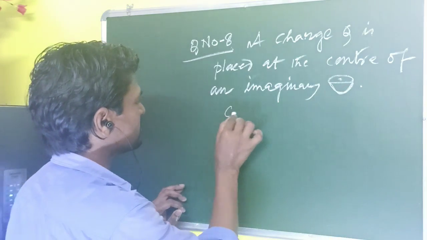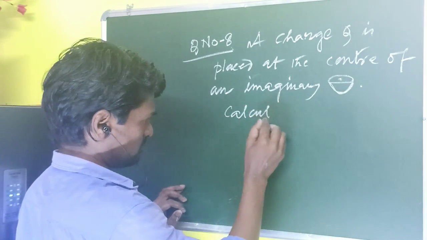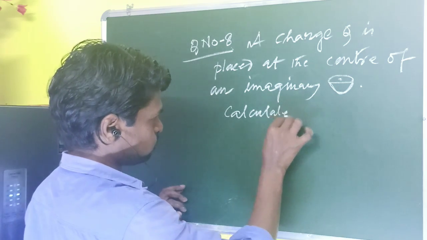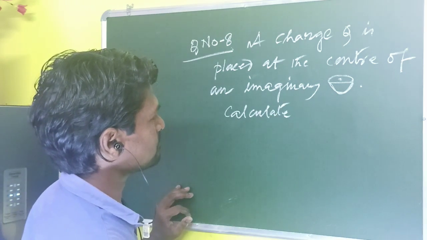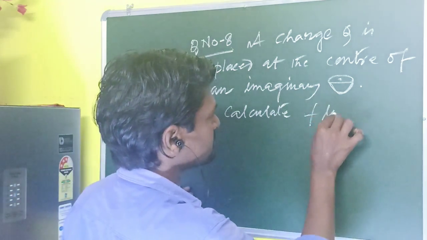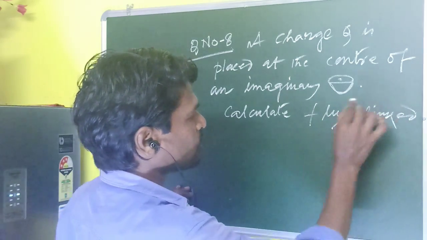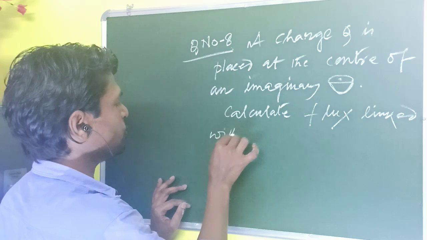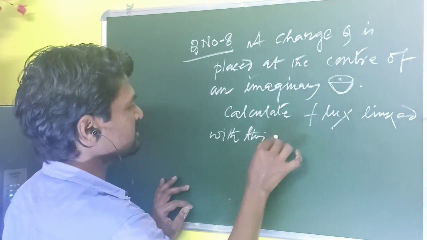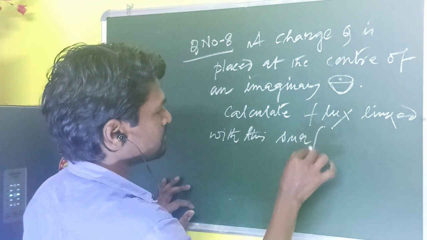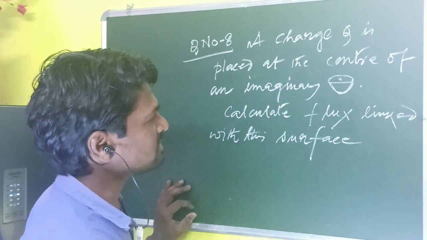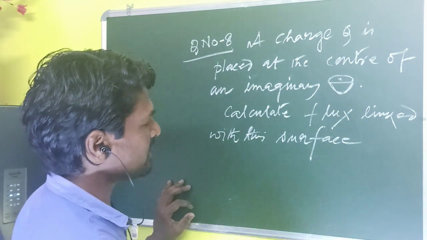Then calculate the flux linked with this surface, that is the hemisphere, the half sphere.